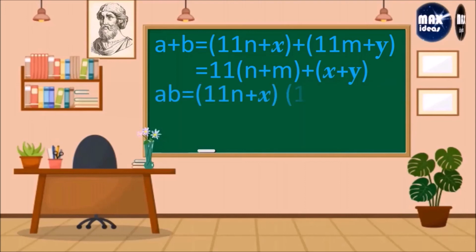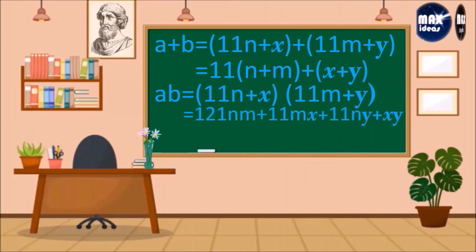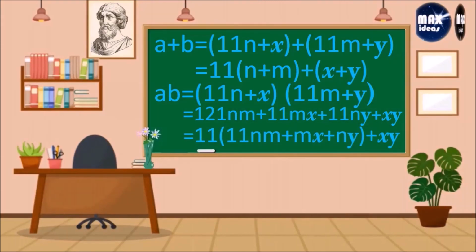A times b equals 11m plus x times 11n plus y equals 121mn plus 11my plus 11nx plus xy equals 11 times 11mn plus my plus nx plus xy.